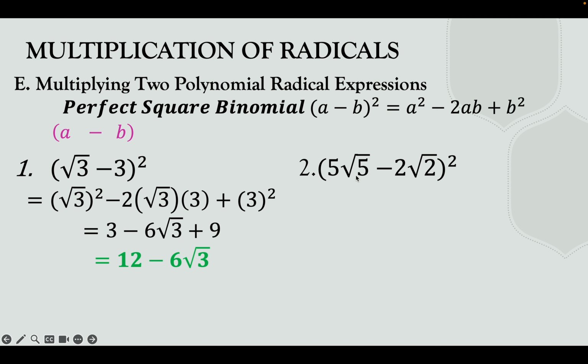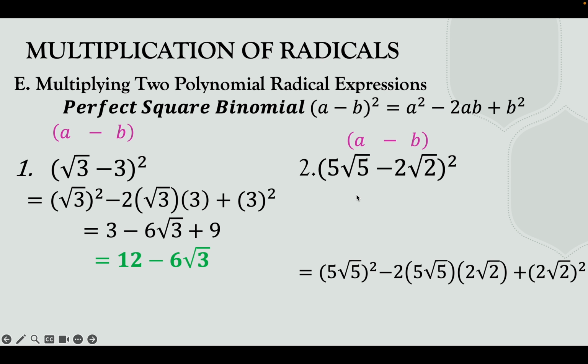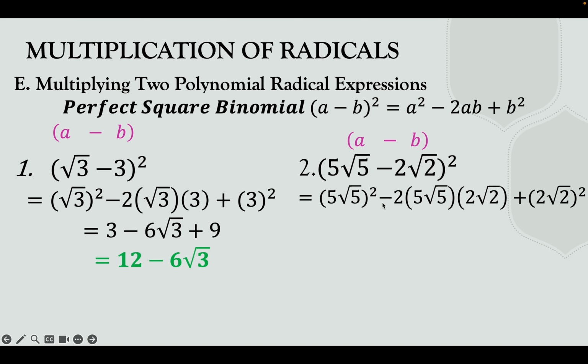Last example, we have 5 square root of 5 minus 2 square root of 2 squared. So we have here 5 square root of 5 squared minus 2 times 5 square root of 5 times 2 square root of 2 plus 2 square root of 2 squared. So we have 5 squared is 25, square root of 5 squared is 5, and then negative 2 times 5, negative 10 times 2, negative 20.